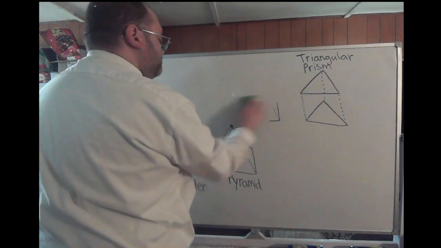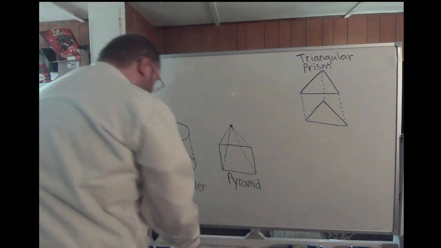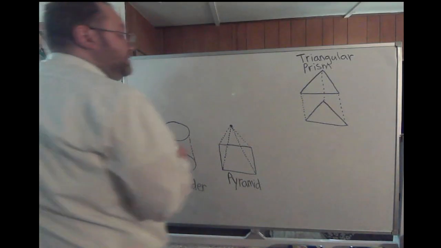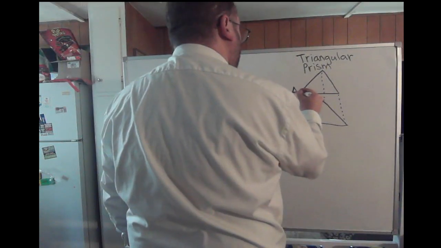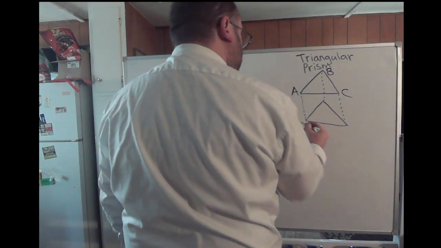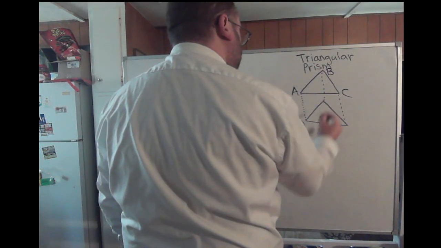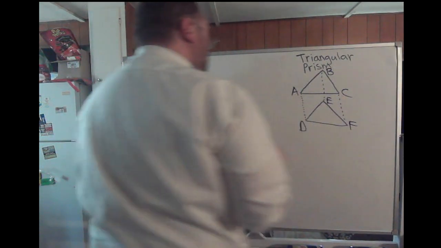The triangular prism, to be more exact. So let's label some points here: point A, point B, point C, point D, point E, point F.